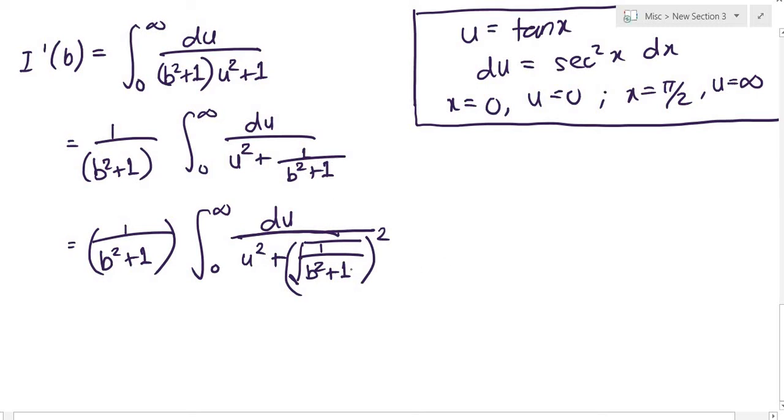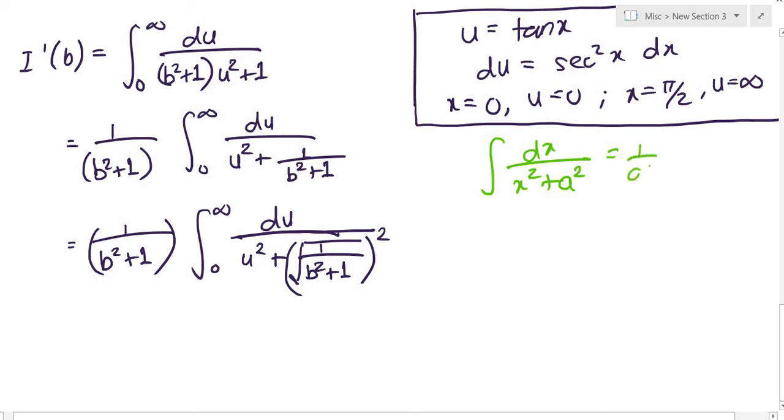But the purpose of doing this is because we have an integration formula, if you will, to calculate integrals like this. Say we had an integral of dx over x squared plus a squared, and a is just a constant.